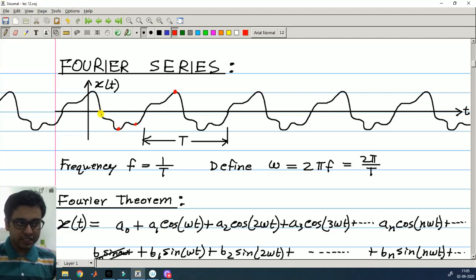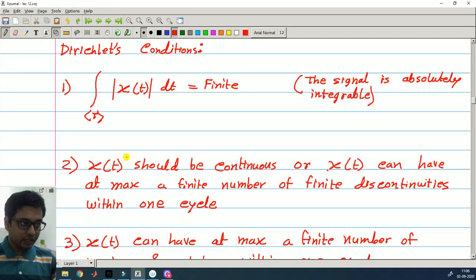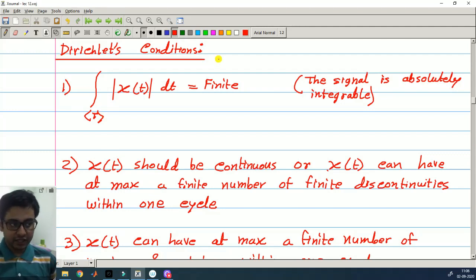Now within one cycle, the total number of such maxima and minima should be finite. It should not oscillate infinitely many times within one cycle. If these three conditions are satisfied, which we call Dirichlet conditions, then for that periodic signal x(t), it is possible to create that signal just by mixing sine and cosine signals.